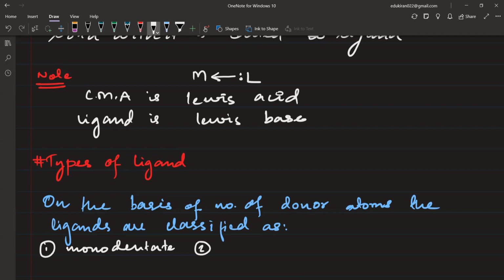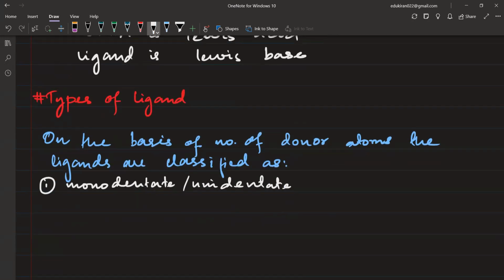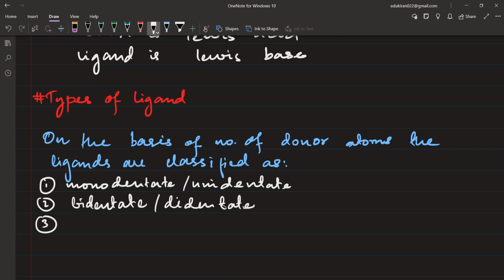Monodentate are also referred to as unidentate. Right next, bidentate or didentate. Then we have polydentate.